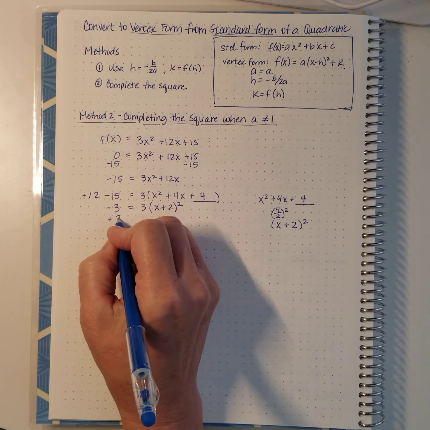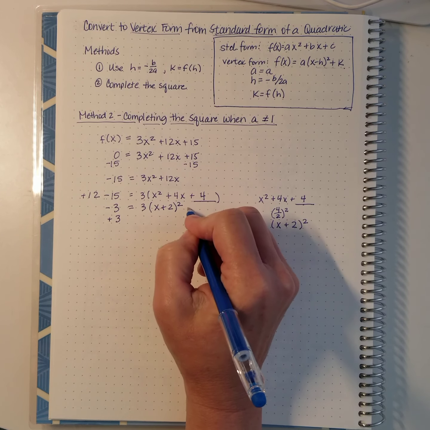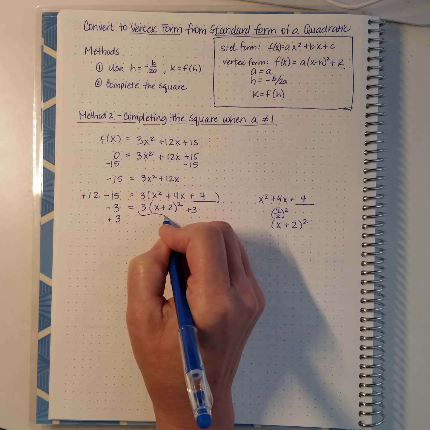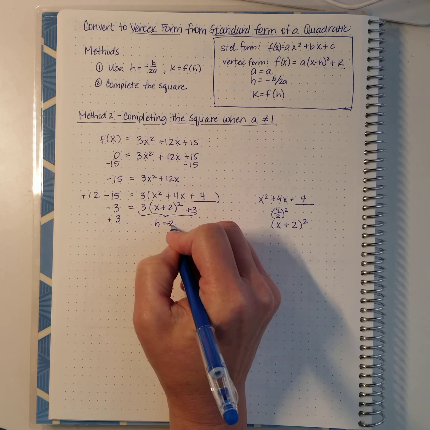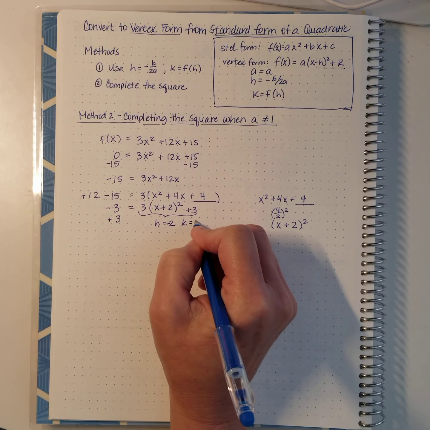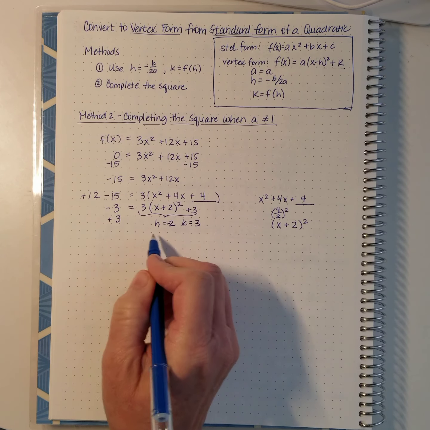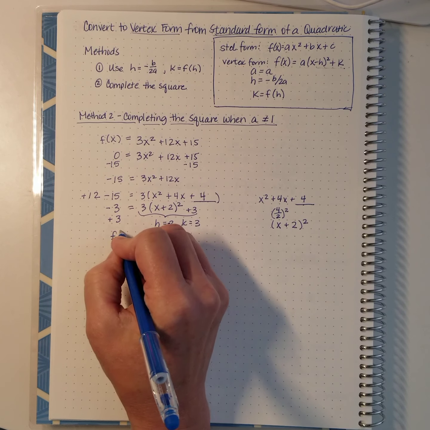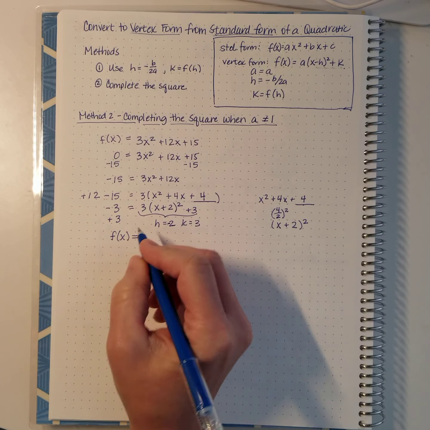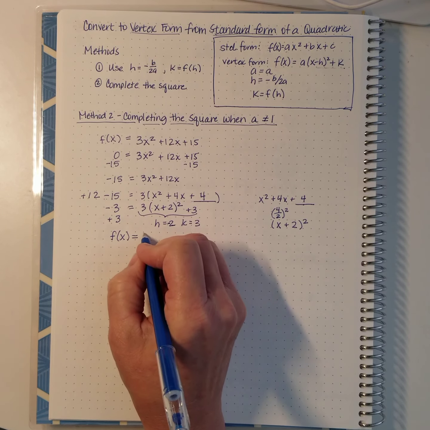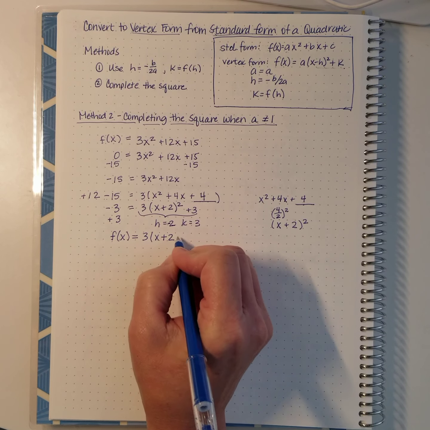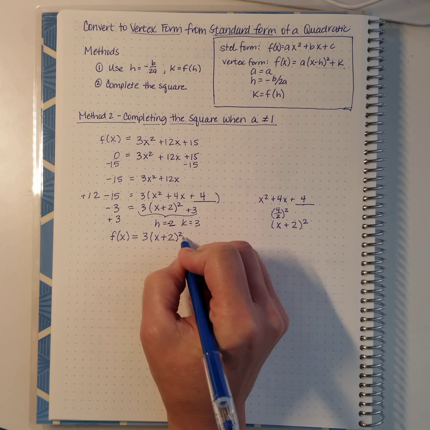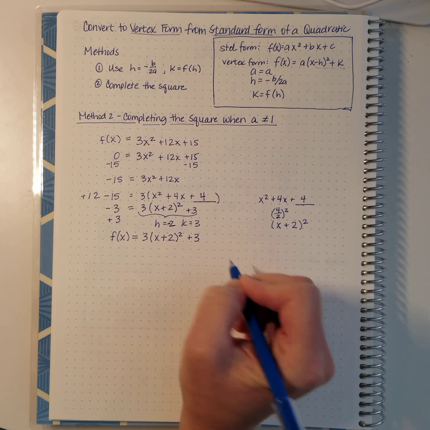And actually, if we add 3 to both sides, we see that we get vertex form, where h equals negative 2 and k equals 3. So that's how we would transfer this to vertex form. And then we'll write our final function as f of x equals a times x minus h, or plus 2, squared, and then plus k, which was 3.